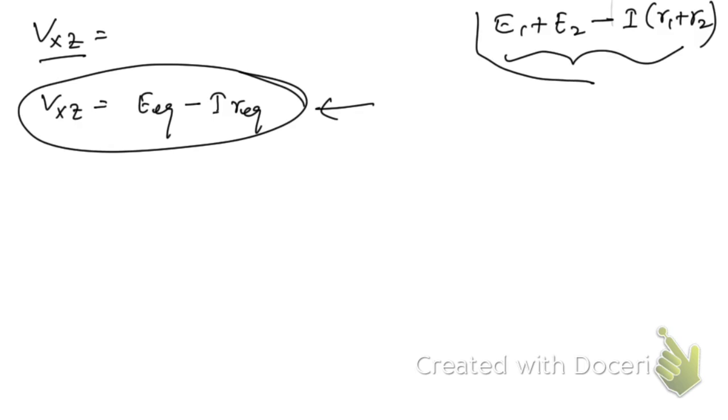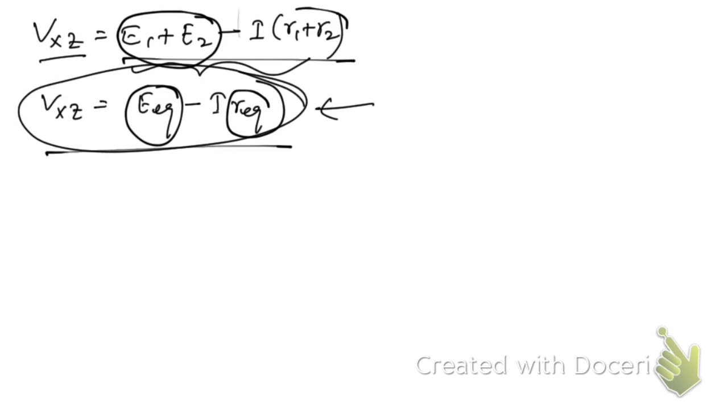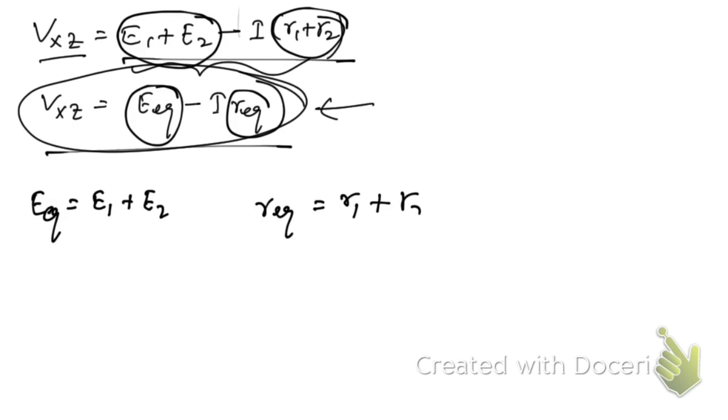Now if you compare these two equations, E equivalent can be written as this and R equivalent will be equal to this. So we can write E1 plus E2 as the equivalent EMF, and the equivalent internal resistance is R1 plus R2, right?